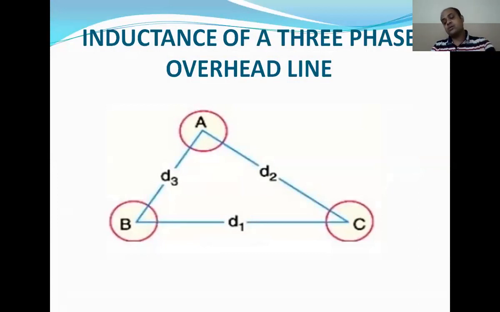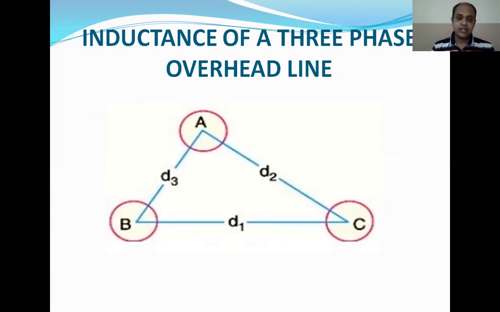Here in our given system, we have three conductors A, B, C. We consider the distances D1, D2, D3, and the radius of all the conductors is small. Here you can find the cross section of all the conductors A, B, C. The current flowing through conductor A is IA, through conductor B is IB, and through conductor C is IC.